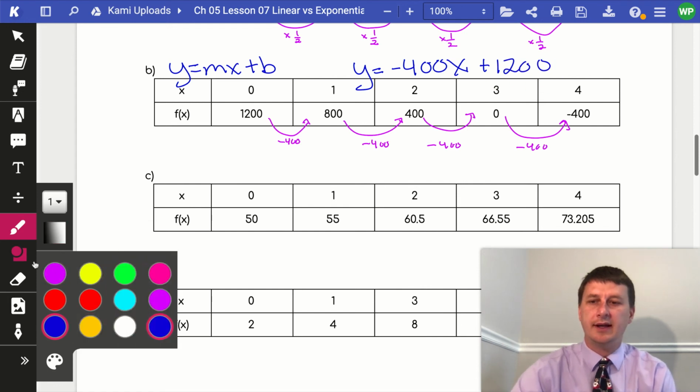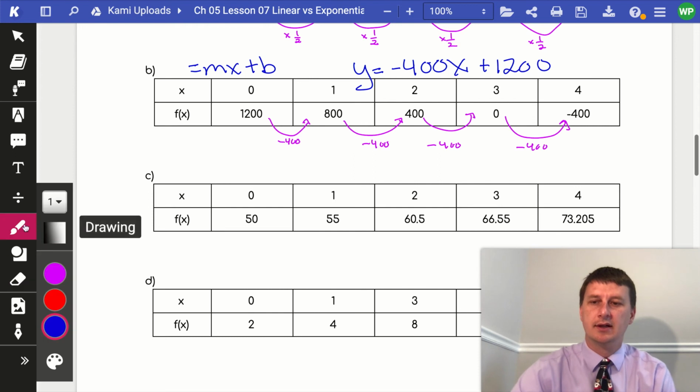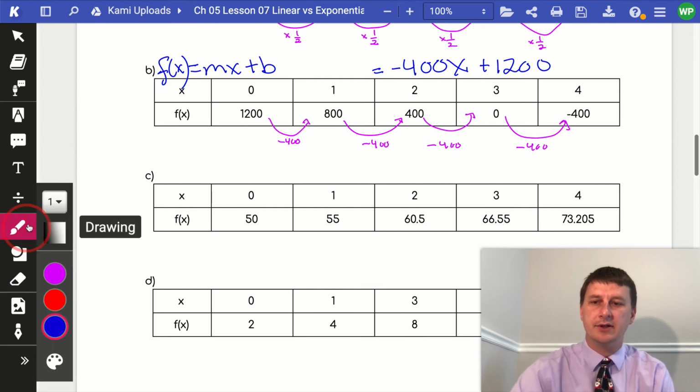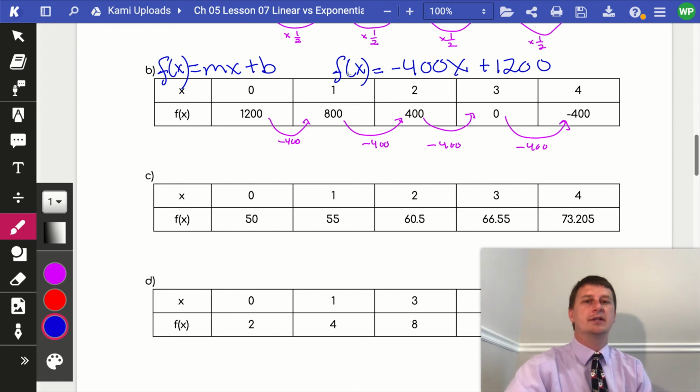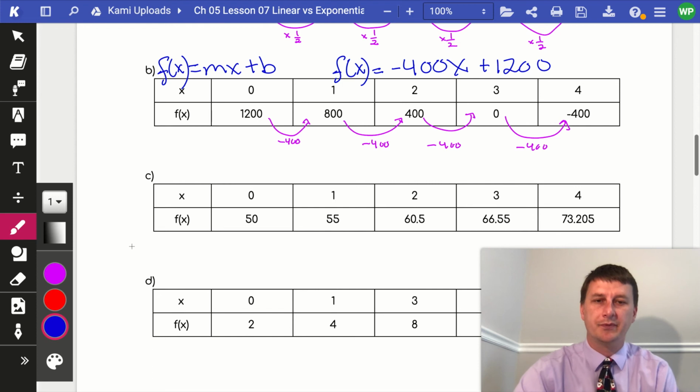And again, the only thing I'd want to change about this is I want to change my y here to an f of x, and also in my final equation. Okay, so my final equation is f of x is equal to negative 400x plus 1200.